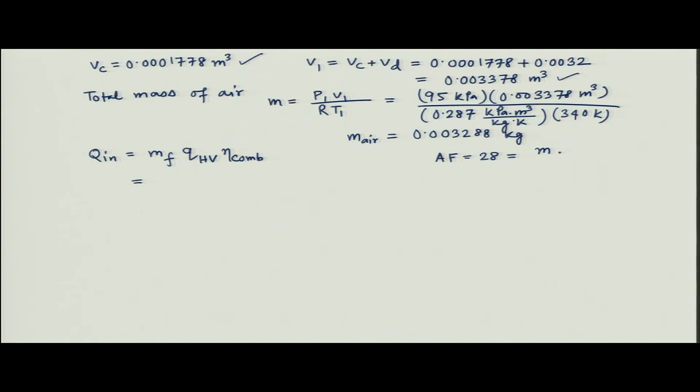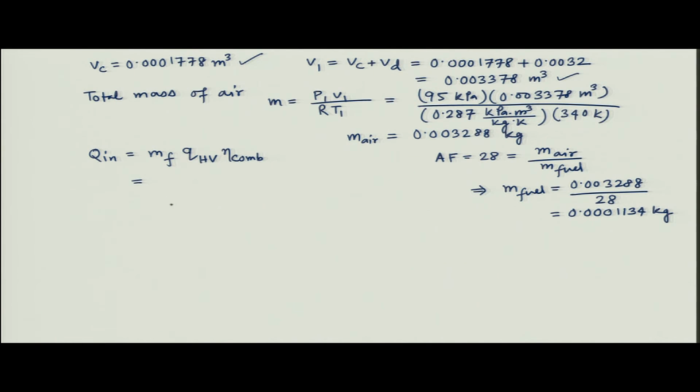This is the amount of air divided by amount of fuel. From this we can find the amount of fuel burnt. That should be 0.003288 divided by air fuel ratio, that is 28. If you solve it, you will get 0.0001134 kg. So, that much fuel is burnt.